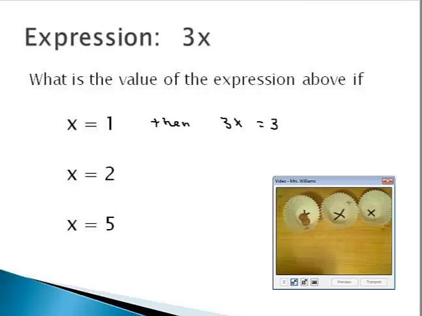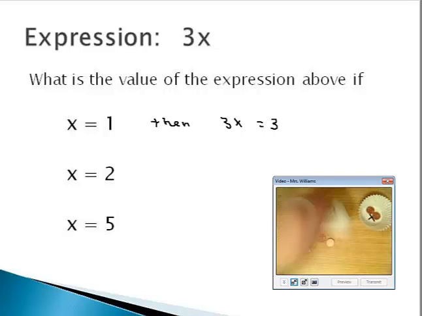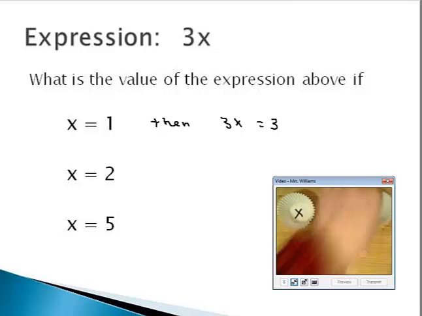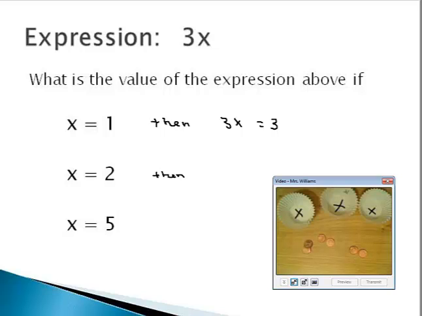So in this case, they're telling us x is equal to 2, so we're going to put 2 pennies in each X box, and of course empty those out, and we have 6 pennies, so we can write then 3x is equal to 6.